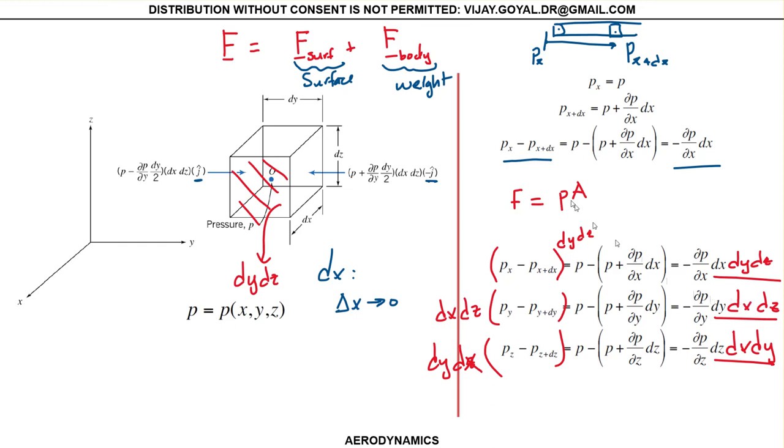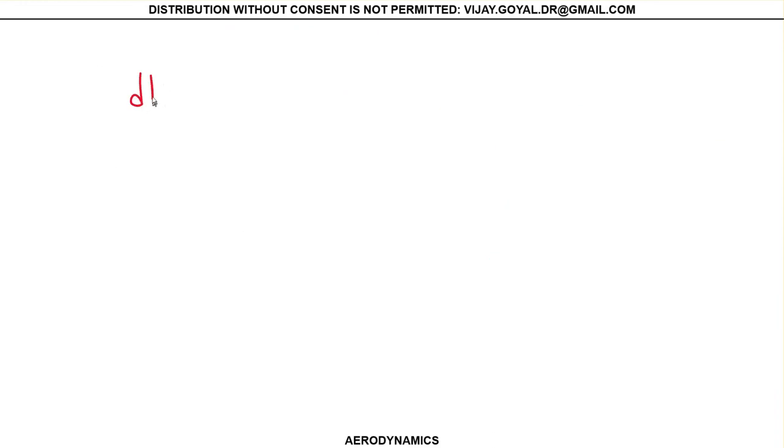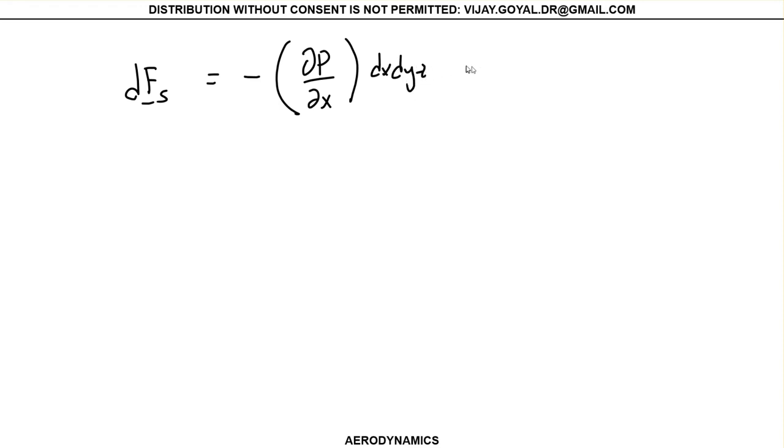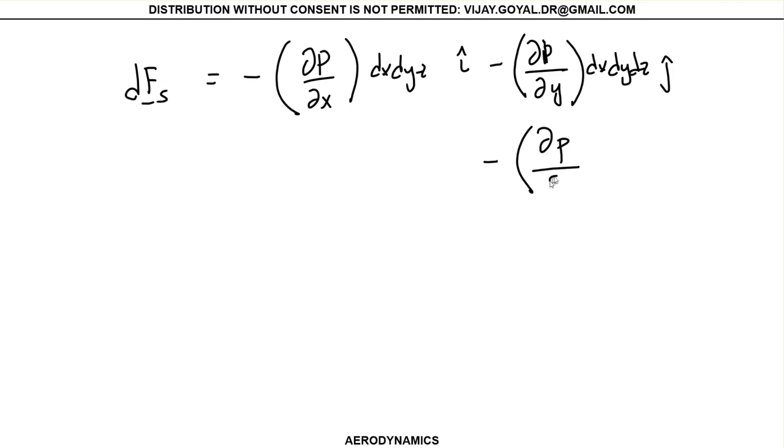So what I could do now is add all this up and put it in vectorial notation, and I can say the small differential force is equal to minus partial of p with respect to x, dx dy dz in the i direction, minus partial of p with respect to y, dx dy dz in the j direction, minus partial of p with respect to z, dx dy dz in the k direction.